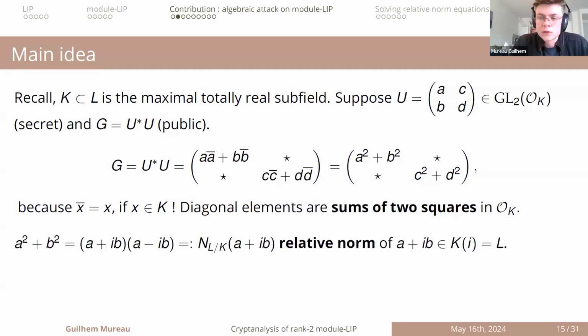And sums of two squares, we can reinterpret as relative norm equations. This is because A squared plus B squared can be written as (A plus iB) times (A minus iB).